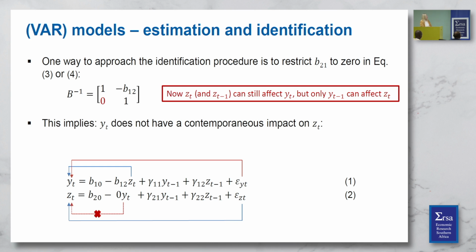So we put the restrictions on the lower triangular part of that matrix. If we do this, what we allow is that Z can affect Y in the current period, but Y cannot affect Z in the current period. We blocked it there.